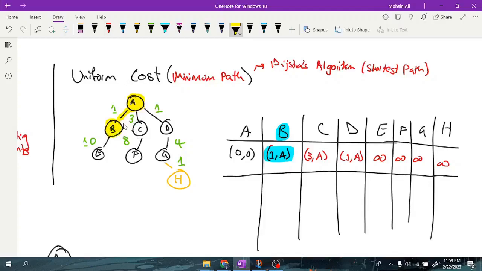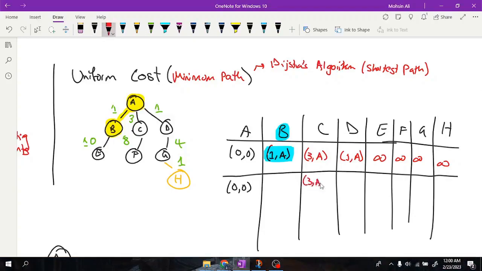Now, in the next step, this opens up the path to E. So I'm just going to write this again, 0 comma 0. This is already traversed, so we're not going to traverse this one again. We have 3 comma A, we got 1 comma A, and now I have E. And now you have to remember that you also have to accumulate the cost.